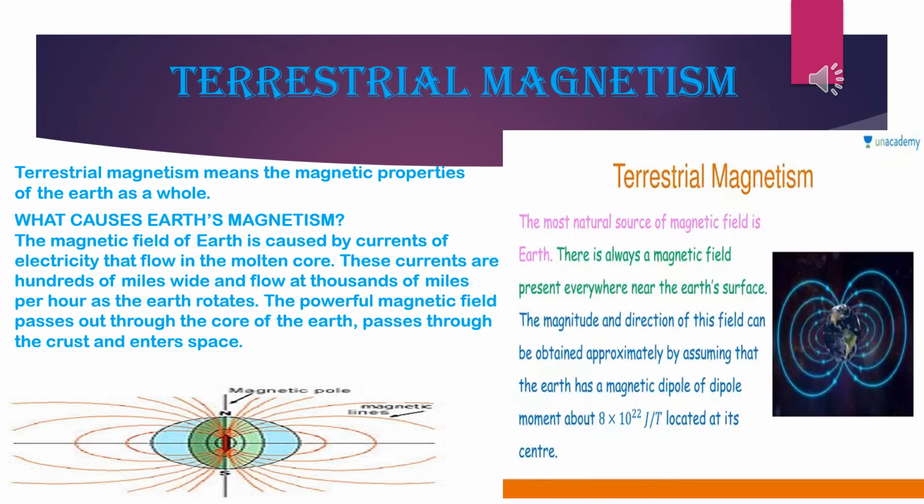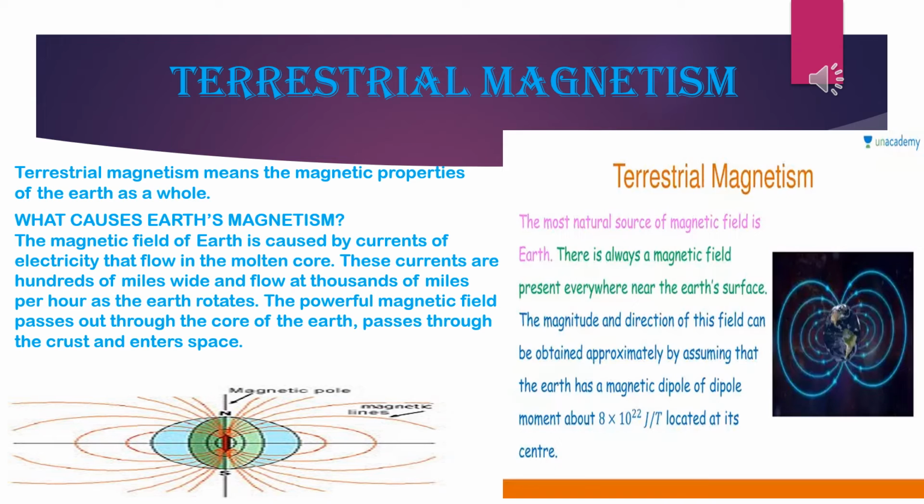The magnitude and direction of this field can be obtained approximately by assuming that the Earth has a magnetic dipole moment about 8 into 10 to the power 22 joule per tesla located at its center. This dipole moment measurement is not in your syllabus, so you can ignore just this portion. Dipole moment about 8 into 10 to the power 22 joule per T. Rest of the portion is in your syllabus.